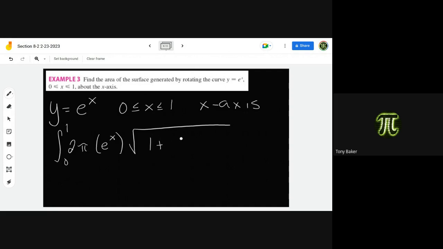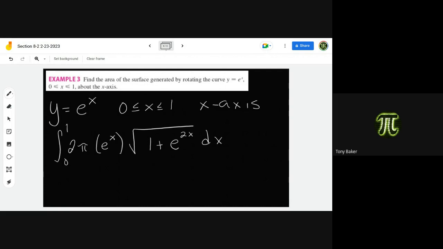So I get the square root of 1 plus e to the 2x if I square it, dx. Can I simplify that anywhere? No.